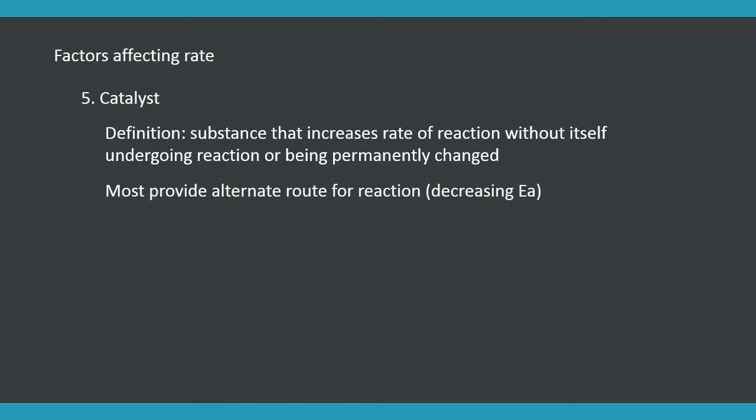And so you're not shifting the graph at all. That's if you're increasing temperature. If you're adding a catalyst like manganese dioxide, or you're using an enzyme, whatever it happens to be, you are changing the value of your activation energy. And so your particles don't necessarily have more energy, but you have more particles at the lowered activation energy.